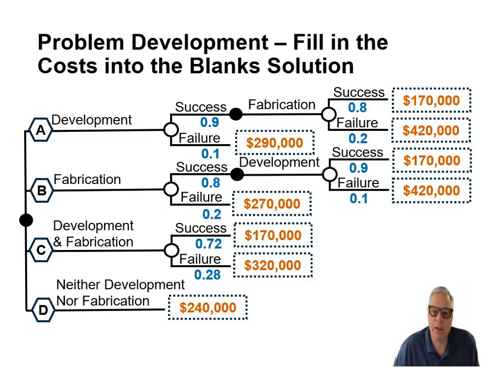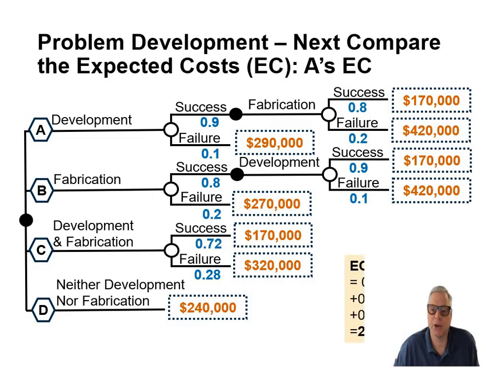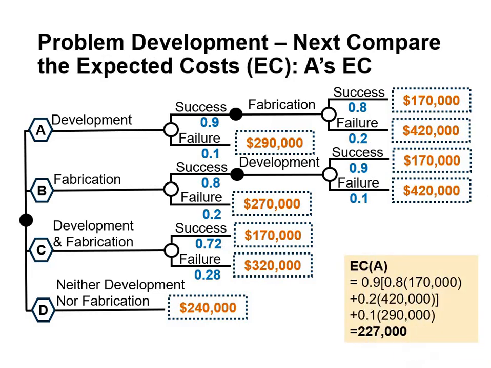And what we need to do now is we just need to evaluate each individual decision. So let's start with A. So A's expected cost is here in that little yellow box in the down right.